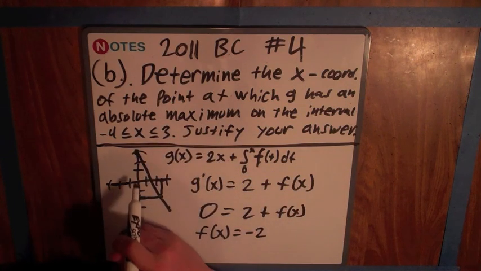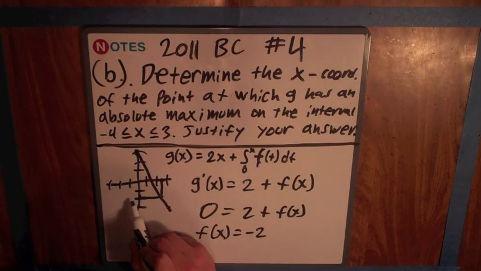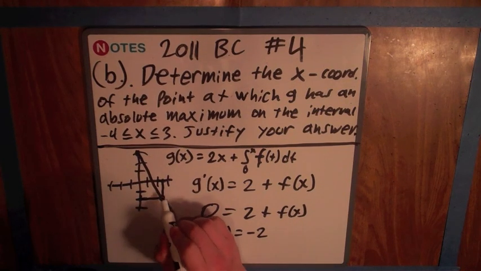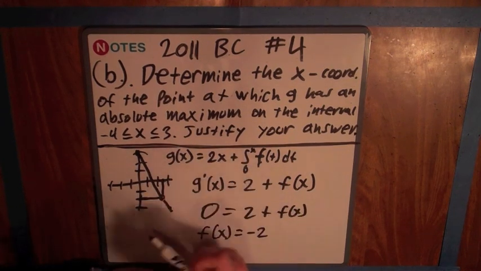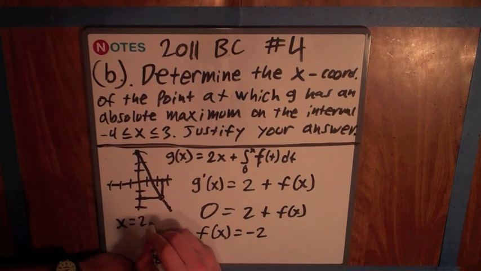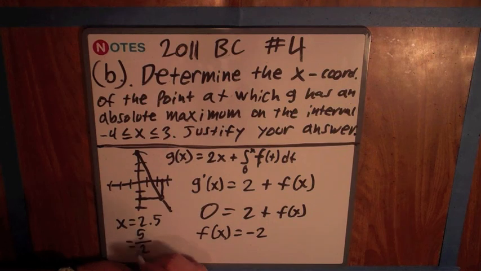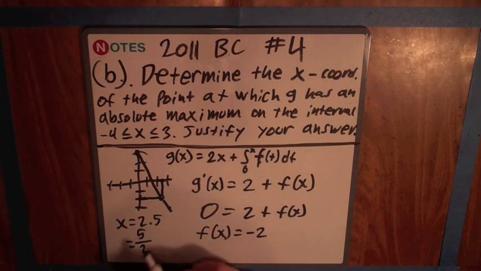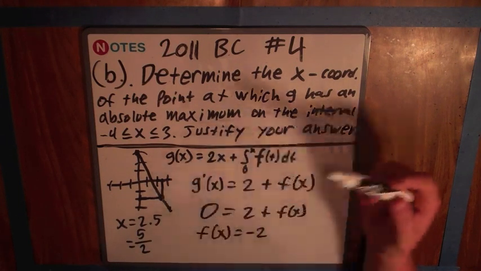So looking here, we look down here, -1, -2, draw a little line across to this point right here, which lines up at x equals 2.5 or 5 over 2. So x equals 5 over 2 is a potential value for the maximum on g.